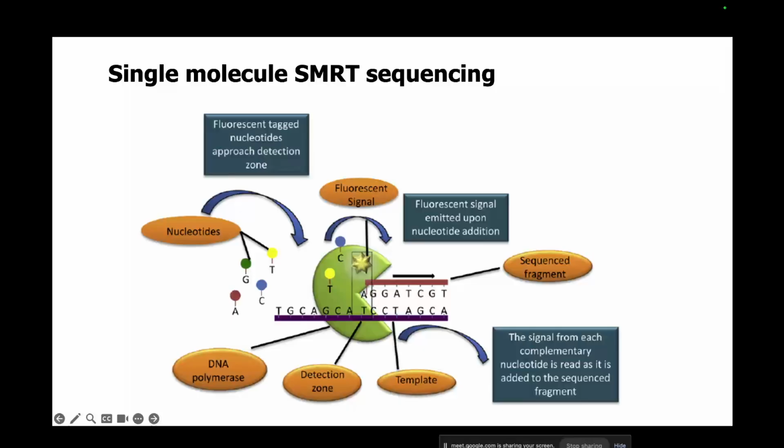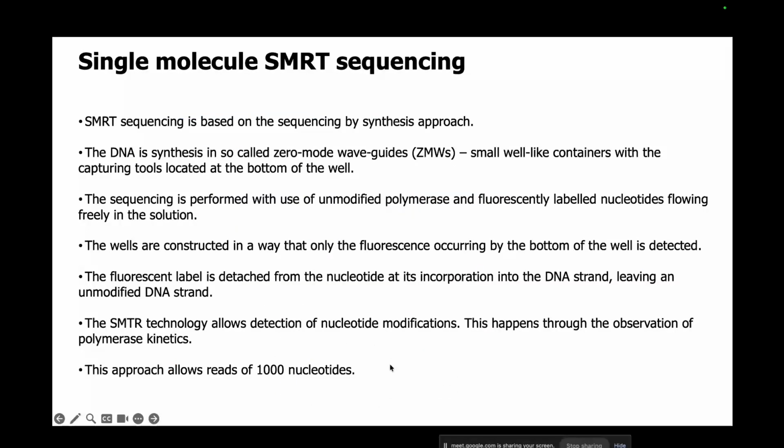It is captured from the bottom of the well, and it is read at each round of adding these nucleotides. So it is very similar to Illumina in terms of the sequencing by synthesis procedure. The detection of the signal and the amplification techniques are different in SMRT compared to Illumina. Because of this detection technique, this can go up to 1000 nucleotides, a slightly better version of Illumina.